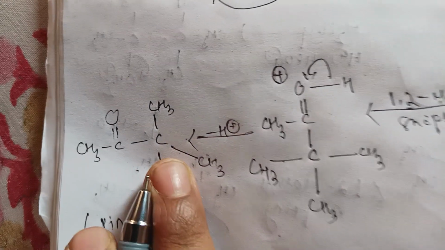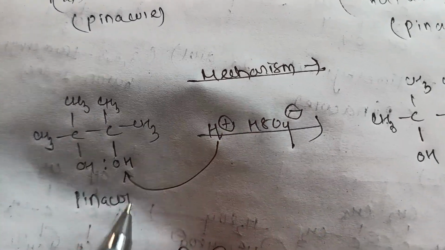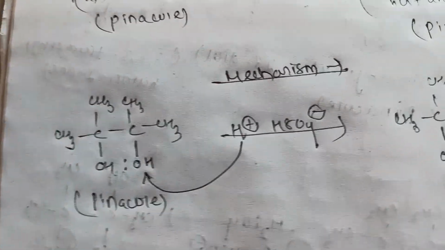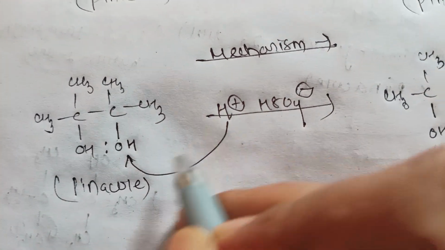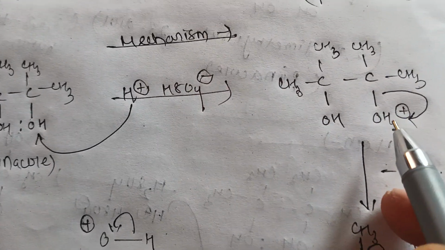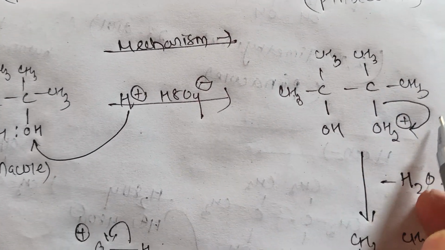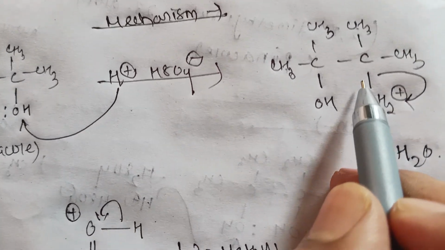So this is pinacolone, and it is formed from pinacol. It is only a 3-step name reaction. You can remember it easily. In the first step, what happened? The protonation takes place. The hydrogen comes and binds to oxygen. In the second step, water will be removed and formation of the carbocation takes place.